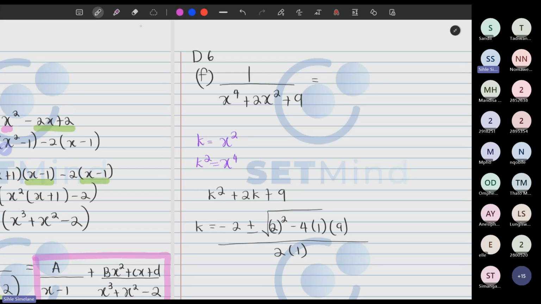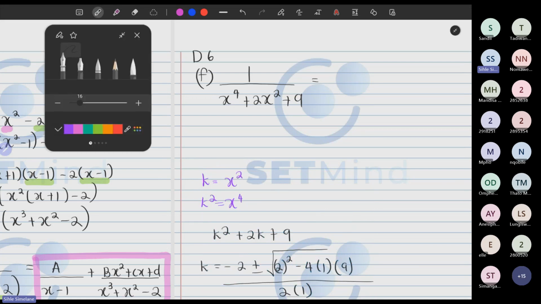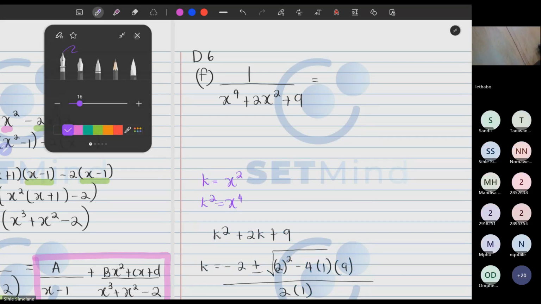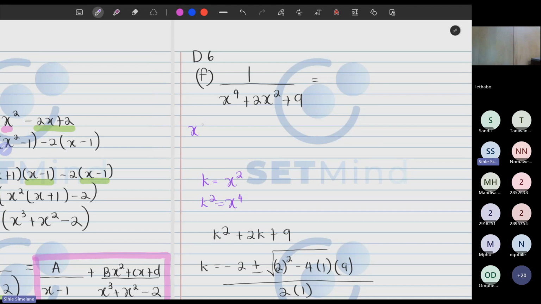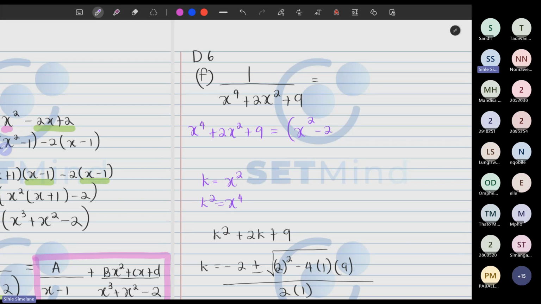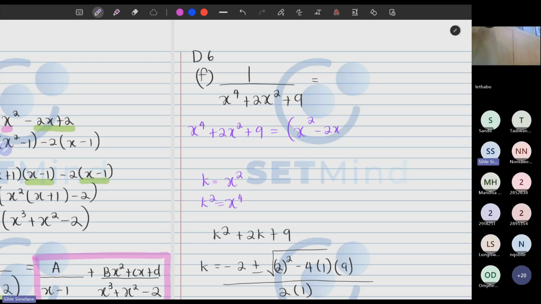Okay, so if you look at what they have, they were able to factorize that expression, that x to the 4 plus 2x squared plus 9, into x squared minus 2x plus 3, and then x squared plus 2x plus 3.